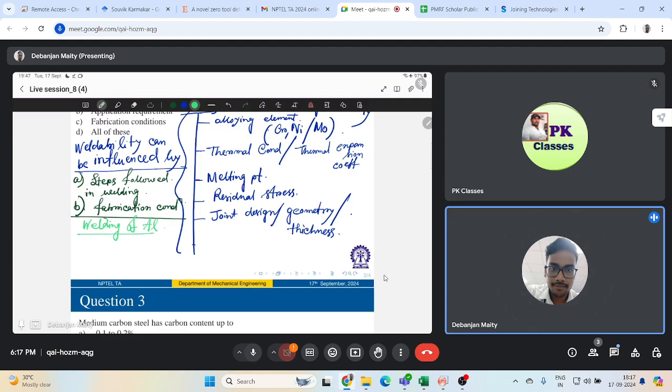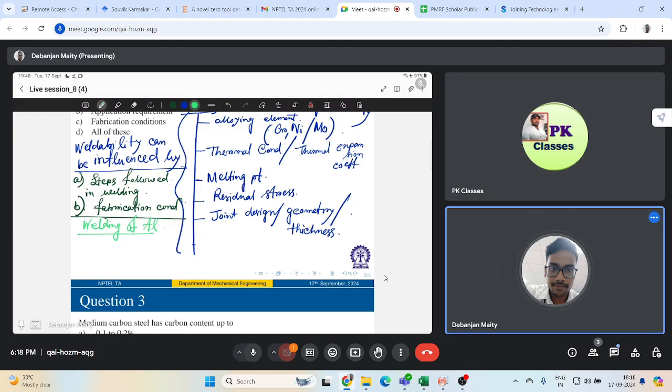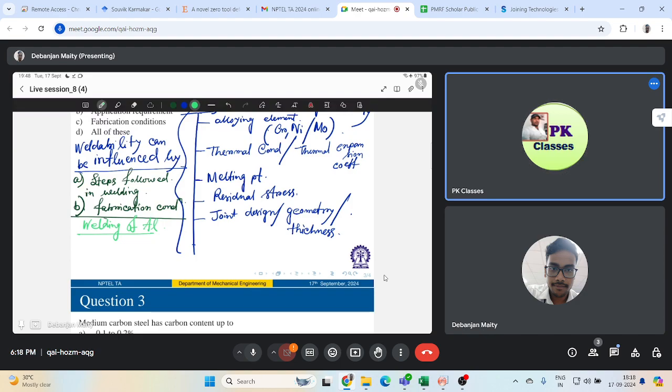Is it easy to weld with shielded metal arc welding or not? Aluminum metal. Yes, sir, aluminium has high electrical conductivity but low melting point, so I think it can be easily welded.